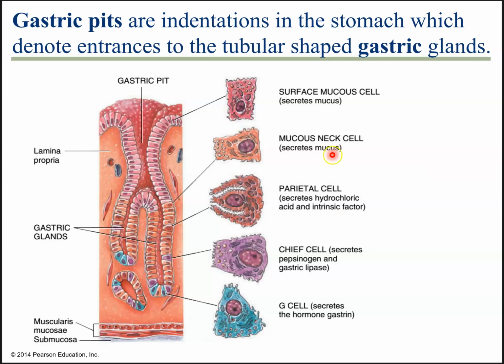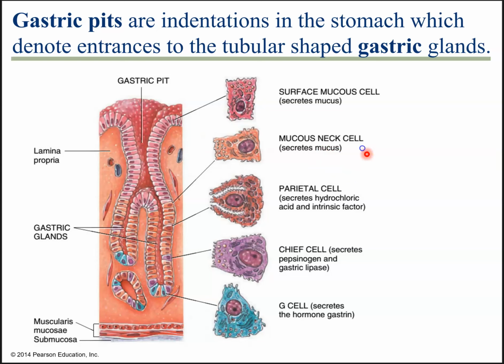Now, the other cell is the mucus cell. It's no surprise that the stomach has a lot of mucus secreting cells. So all of these cells you see are mucus secreting cells. You have the surface mucus cells and the mucus neck cells. Both of them secrete mucus. The mucus that is secreted in the stomach is acidic and runny, thin mucus, which is very different from the mucus that is secreted by the goblet cells in, say, the respiratory tract.